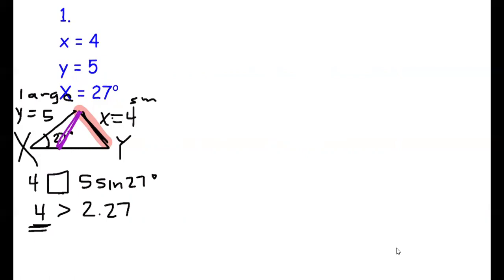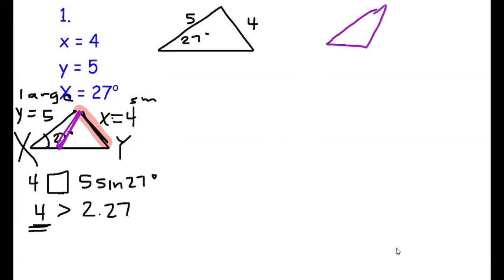The black triangle looks like this. So there's 27 degrees, there's 4, there's 5. And then the other possibility now is that this would be 5, that's 27, but this could be 4 that's swung in here. And so we need to take both of those things into consideration.